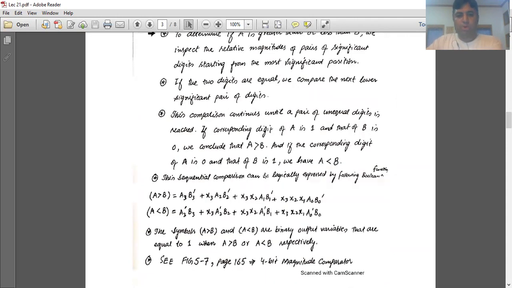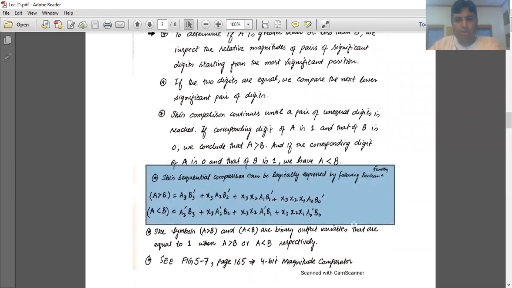Okay, so this sequential comparison can be logically expressed by the following Boolean functions.